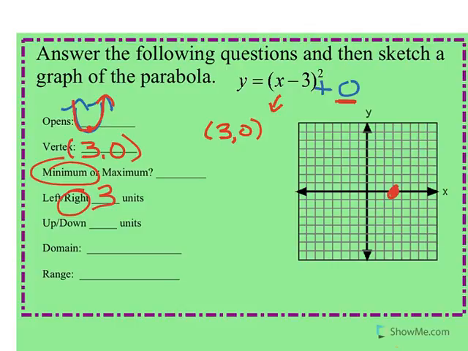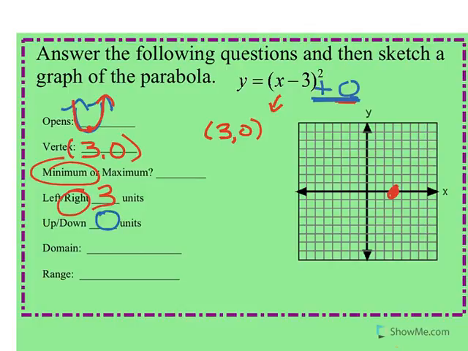And when we moved that vertex, instead of starting at the origin, where the original parent function does, it is at the point (3, 0) because it moved to the right 3 spots. So, is it going to move up or down? Well, right here we said plus 0, which means we did not move up or down at all.